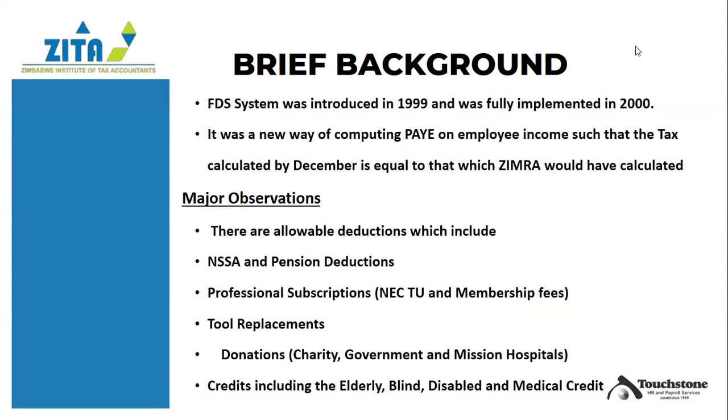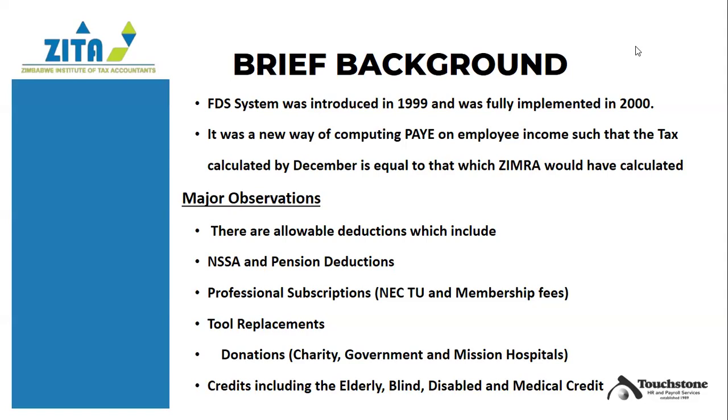Now, if you remember the old PAYE calculation, we used to use yellow books. The tax to be deducted from an employee was put according to how much the employee was earning. From the tax-free threshold going forward, there were just tax amounts, not even bands.